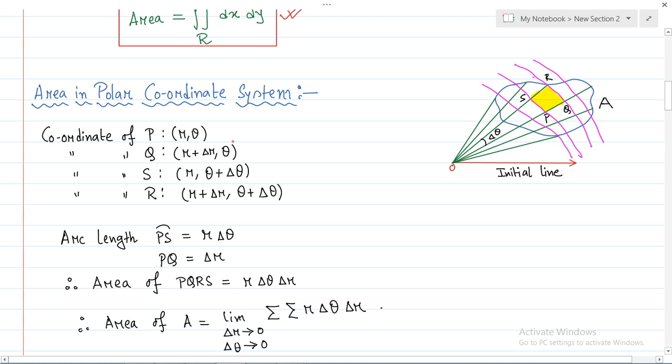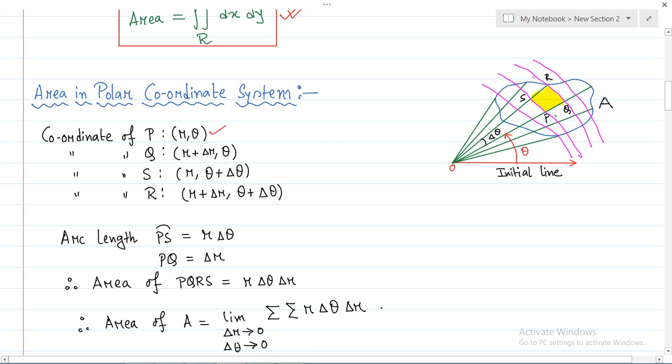Say we have some four points here and we have created one small rectangle, with the points P, Q, R and S. Since we measure r from O and the angle from the initial line to P is theta, P has the coordinates r comma theta.